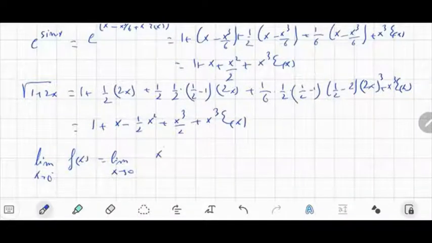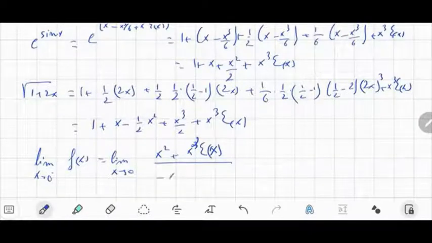So we'll have x2 plus x2 epsilon of x, we don't need to go to the third order, over minus x2 plus x2 epsilon of x. If you take the first terms, x2 over minus x2, the limit will be minus 1. So the limit will be minus 1 here.